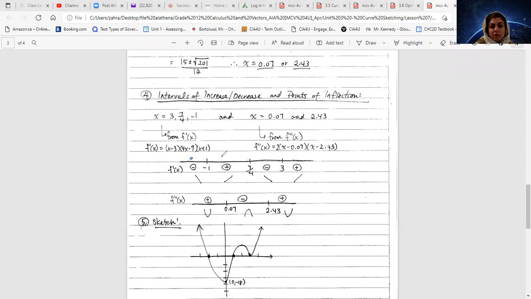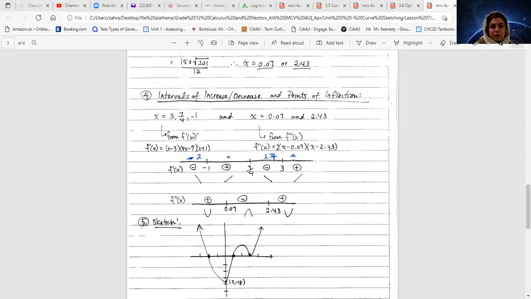Here you can choose 0. Here you can choose -2 as a test point. Here you can choose 2.5 or 2.7 if you want, and you can choose 4.